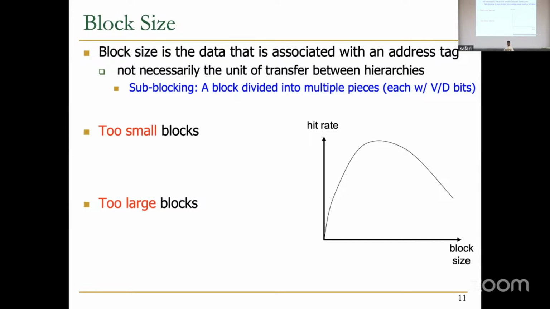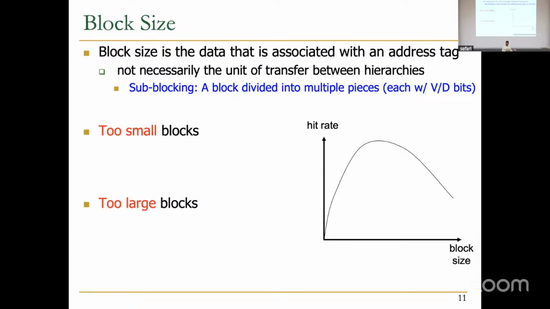We covered this in the last lecture also: you can have, let's say, a super cache block with tags inside, which is what we call sub-blocking. But for the sake of this discussion, think of the block size itself as the minimum quanta of transfer that we are looking at, right? So that's the entire block size.